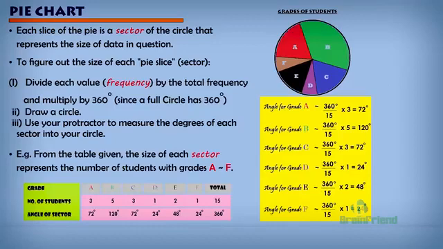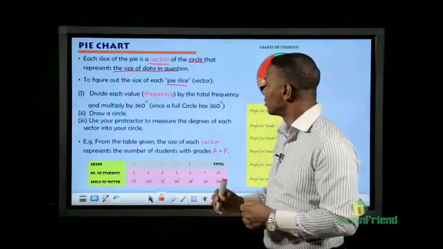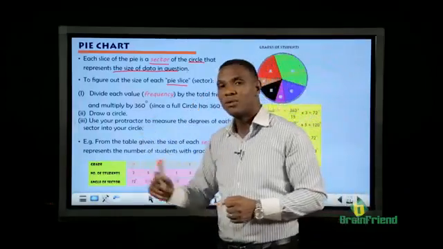Now, each slice of the pie, just like we saw just now, is mathematically known as a sector. So each slice of the pie is a sector of the circle that represents the size of data in question. To figure out the size of each pie slice or sector, we follow 3 simple steps.